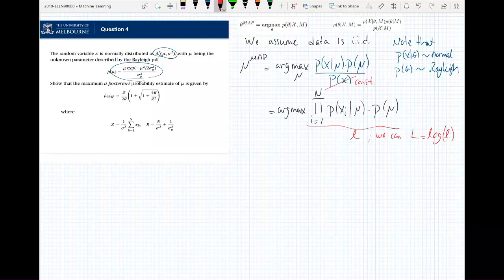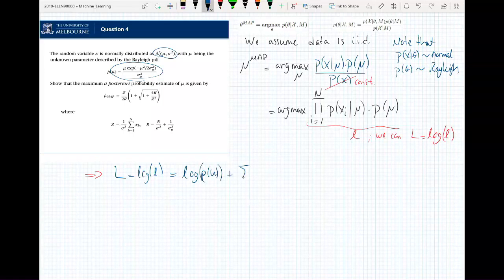So then I can write this as L equals log L, which is defined as this. That will give me then this. The good thing about it is it will make the product a sum, right? So then the first one becomes the log p mu, right?